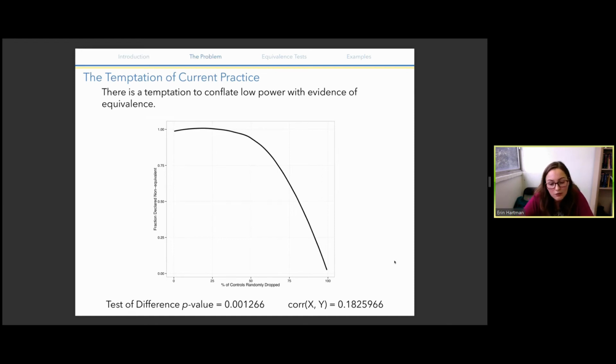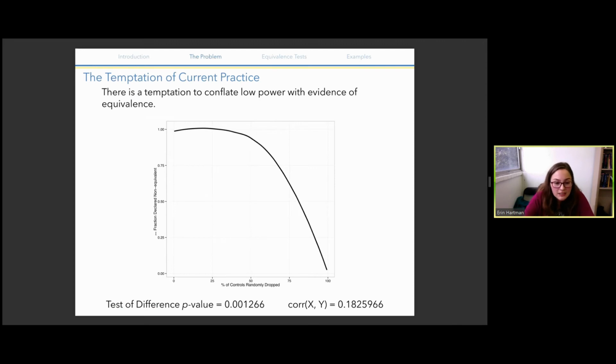So here we're starting with data that is imbalanced, right? So the test of difference p-value in this data set is highly significant. So our treatment and control groups look very, very different. And what they do is they randomly drop some percentage of the controls, right? So in expectation, we're not making balance any better.